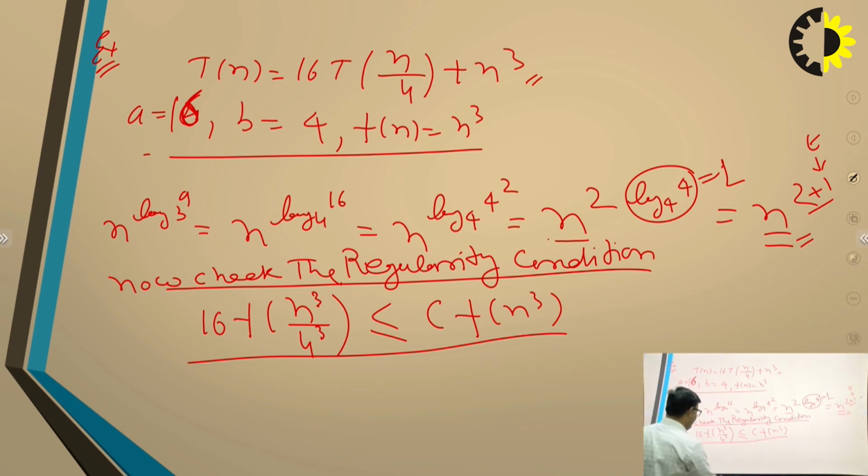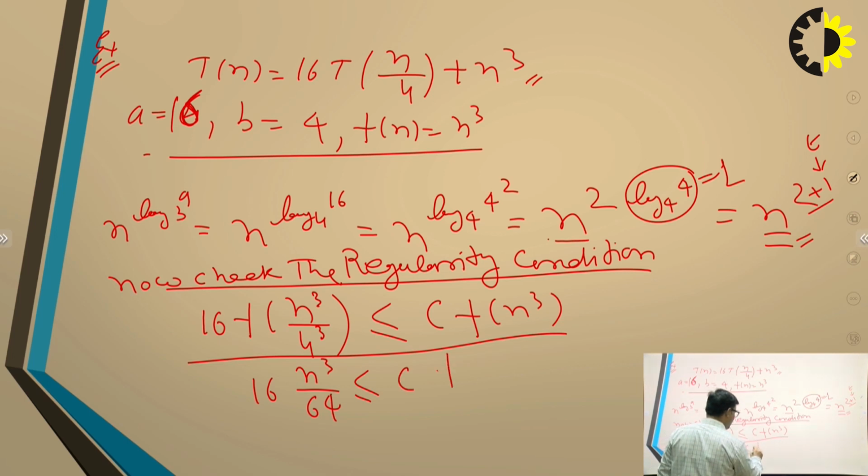Then 16 n cube by 64 is less than or equal to c times n cube.